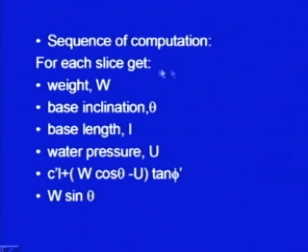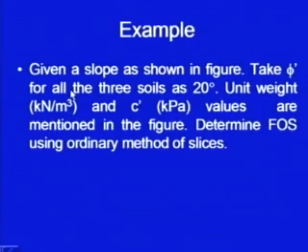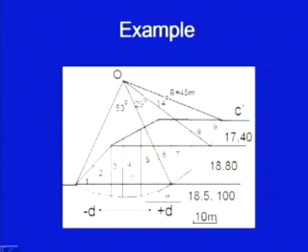Here is the sequence of computations. For each slice, get the weight. We discussed last time that, for example, if I am taking the weight of this slice, then the weight of this slice will be the weight of this small component and the weight of this small component. We are taking unit length perpendicular to the plane of paper.